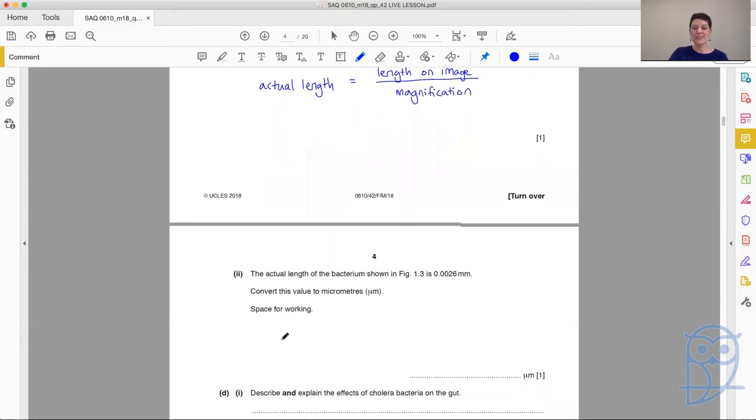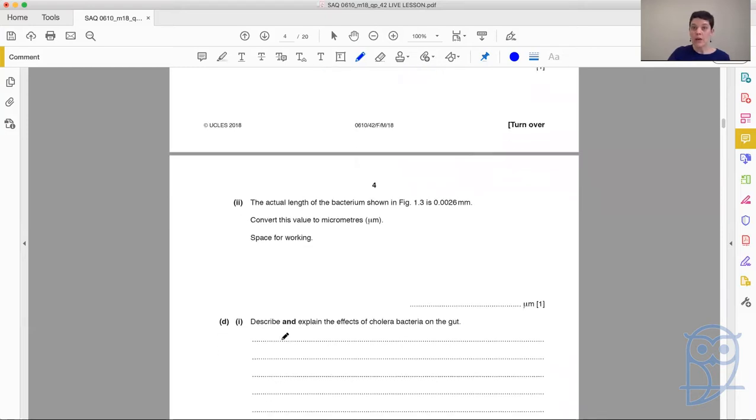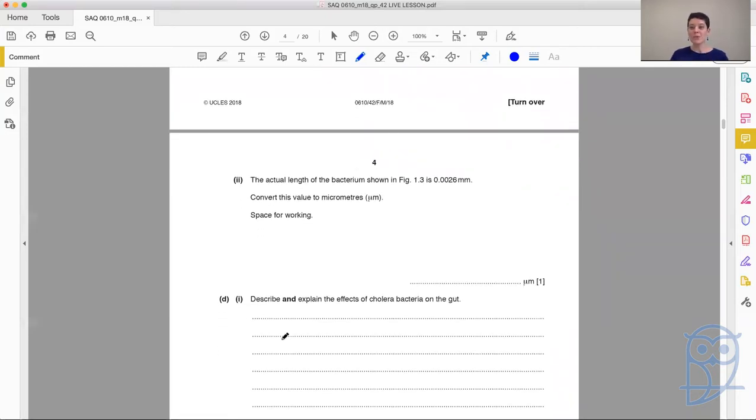Part 2. The actual length of the bacterium shown in figure 1.3 is 0.0026 millimeters. They've done the calculation themselves. Convert this value to micrometers. And they give you the space for your working, which means they want to see your working. So how do we convert millimeters to micrometers? We're going to times by 1,000.